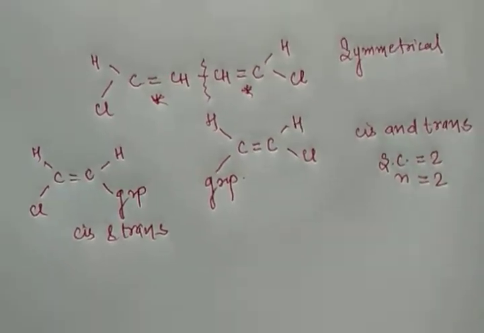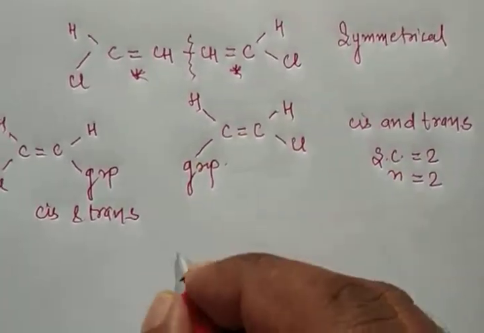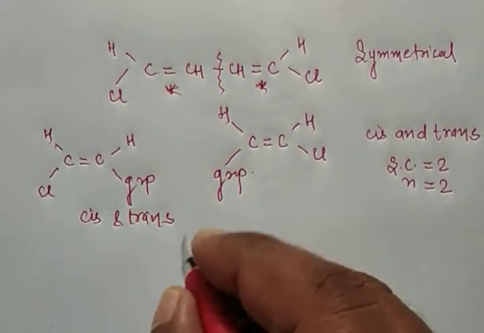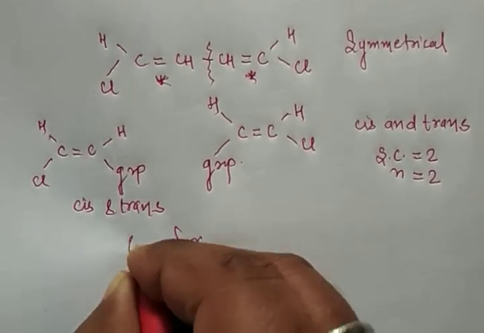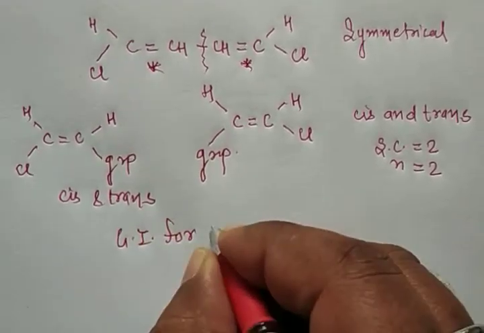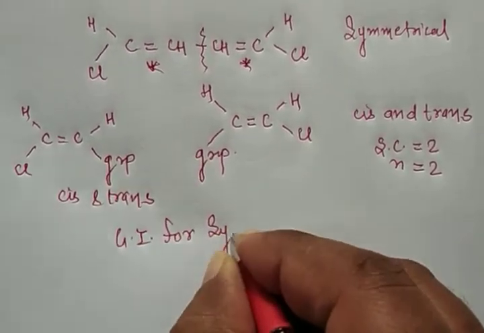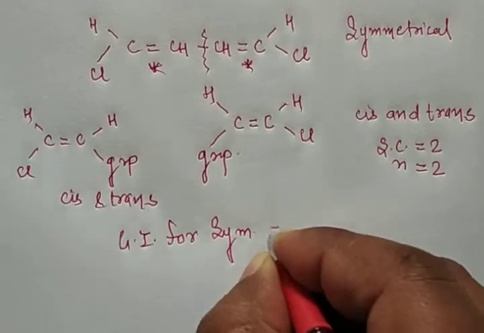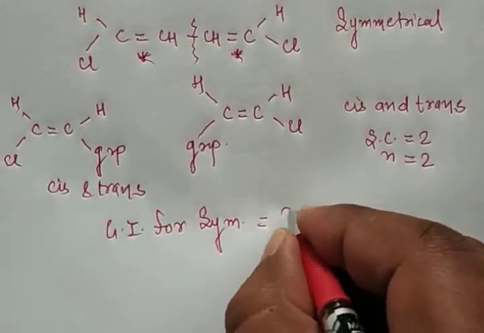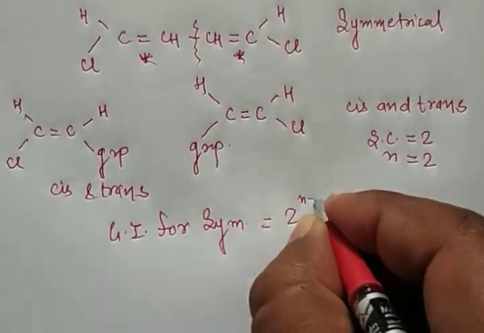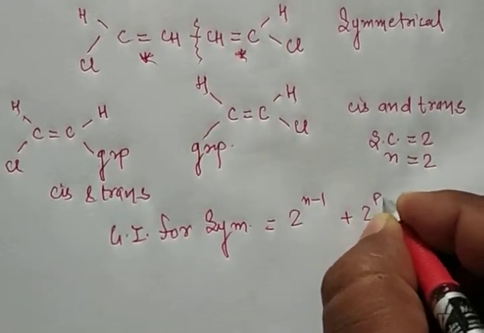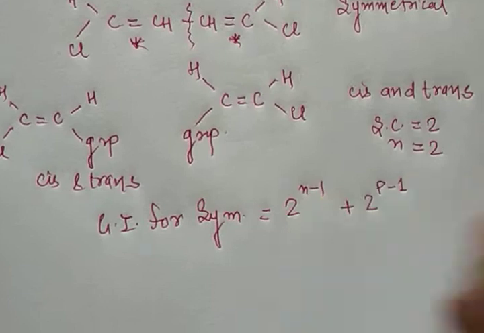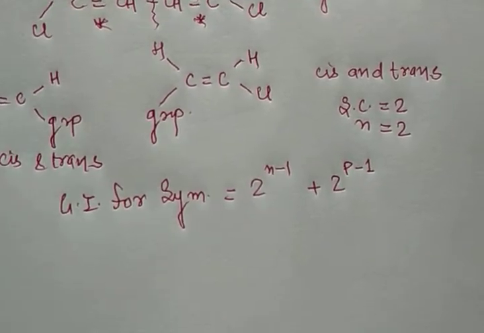Now the formula for symmetrical polyene is 2 to the power n minus 1 plus 2 to the power p minus 1. N is the number of stereo centers, and what is p?